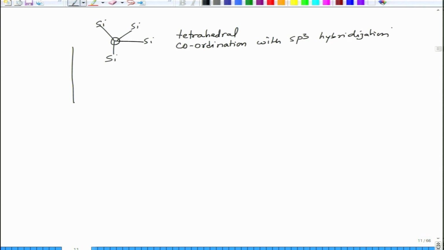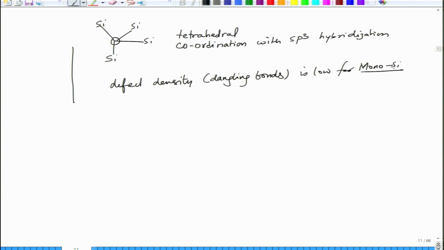Okay, it has a diamond cubic structure. So, in case of monocrystalline or polycrystalline solid, each silicon atom has 4 neighbors. As a result, there are no dangling bonds. There may be some dangling bonds at the surfaces and at the cracks, etc., but by and large the defect density is lower. So, defect density in terms of dangling bonds is low for monosilicon, right, or crystalline silicon.